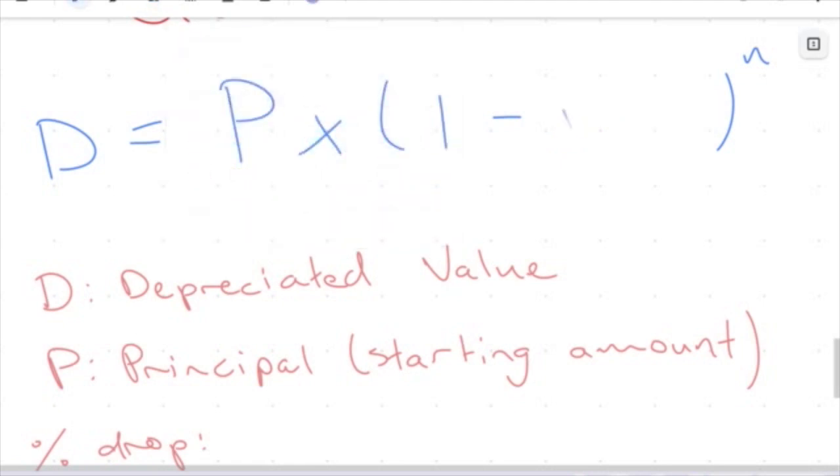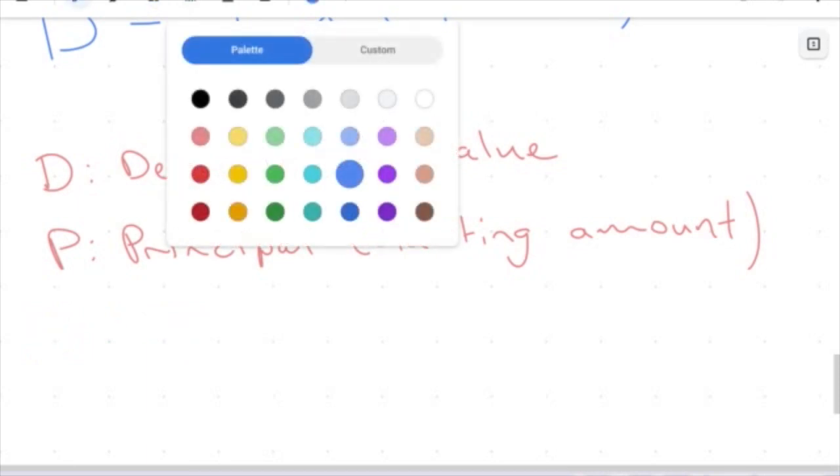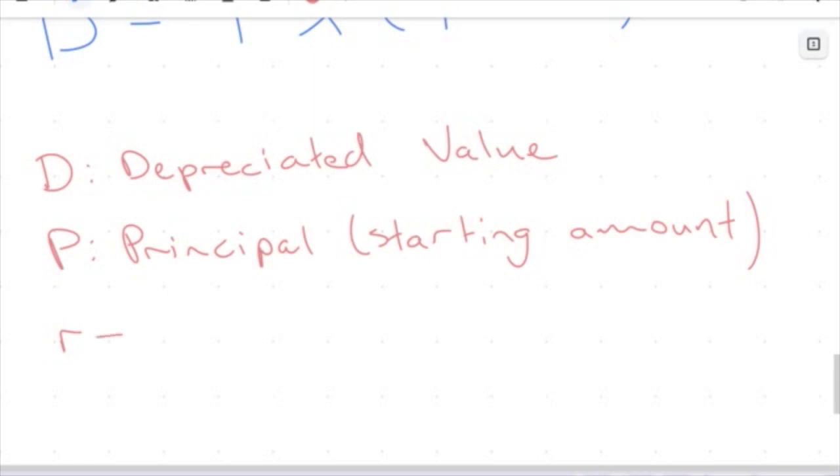So this is going to be 1 minus R to the power of N. So my R here, my small r, is the depreciation rate, so the depreciation after each year.